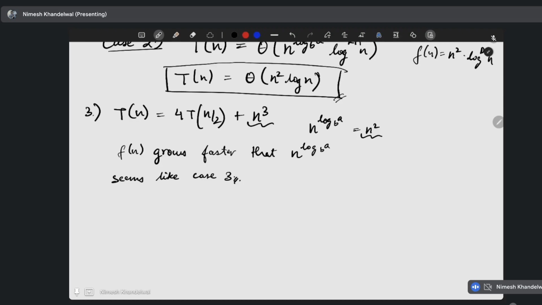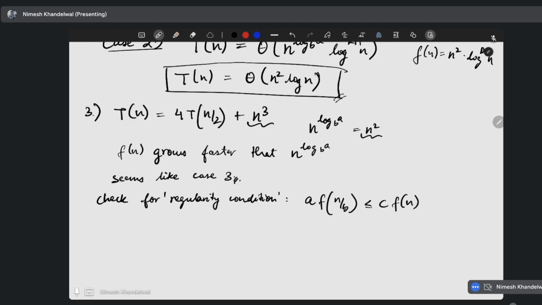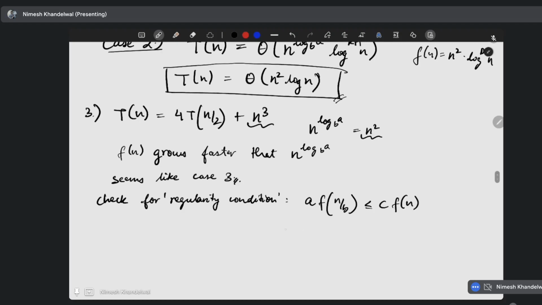Right? But what we need to check for is the regularity condition, right? So the regularity condition is a times f of n by b should be less than or equal to c times f of n. Okay, so it is basically 4 times n by 2 cubed should be less than or equal to c times n cubed, right?